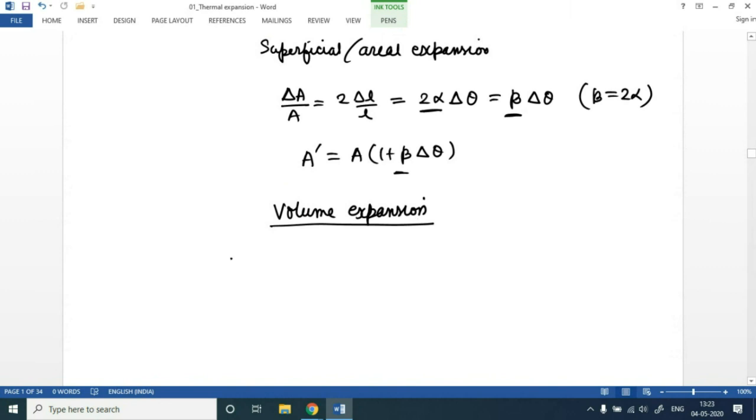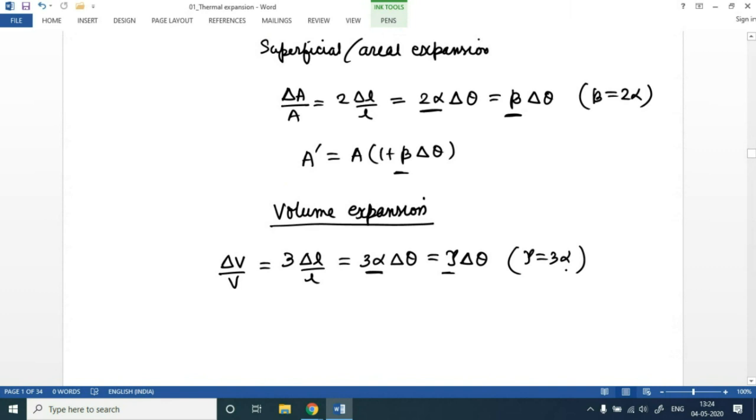So for volume expansion, clearly delta V by V will be nothing but 3 times delta L by L, and that would be 3 alpha delta theta, and 3 alpha we write as gamma delta theta. So gamma you should realize is equal to 3 alpha, and that is the coefficient of volume expansion.